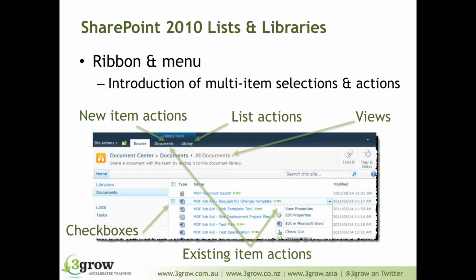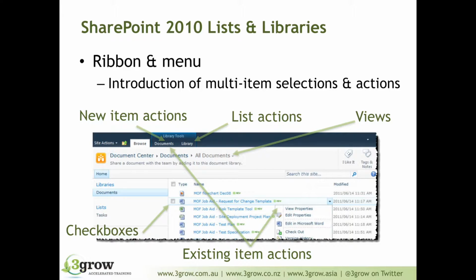The second of those ribbon tabs, in this instance labelled Library, is where you would find options and settings relating to the list or the library on the whole. The main difference between SharePoint 2007 and SharePoint 2010 in the way that we worked, because of the inclusion of the ribbon, as well as the checkboxes that we see down the left-hand side of our views, is the ability to perform actions on multiple items at once.